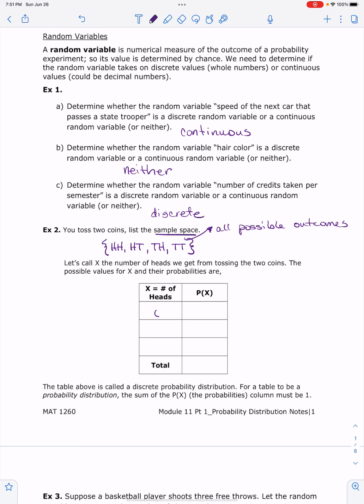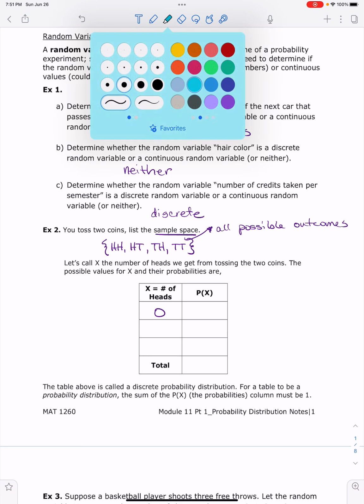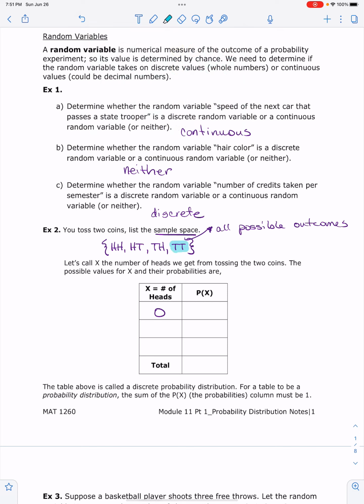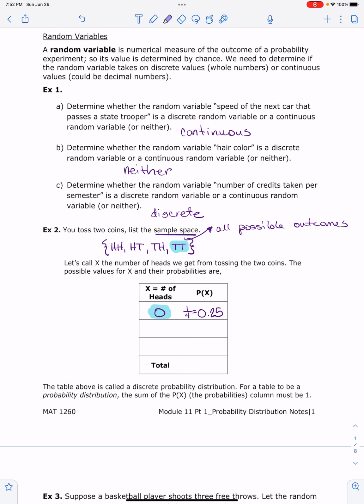Okay, so I could get 0 heads. That happens, let's see if we can color code here, with this tail. So our probability is 1 out of 4, or 0.25. We could be looking for 1 head.